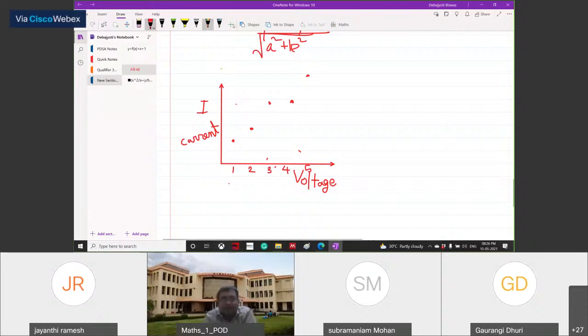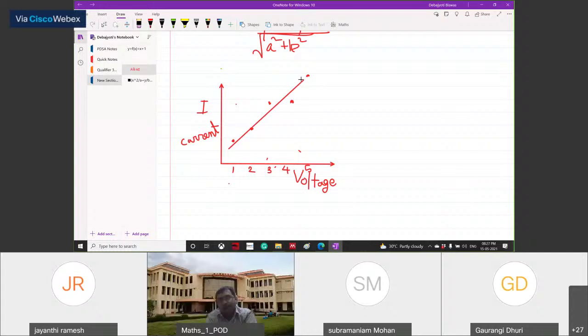In that case, what we can do is include a fitting line. The fitting line can be like this one, or this one, or this one. Now, which fitting line do we have to take?